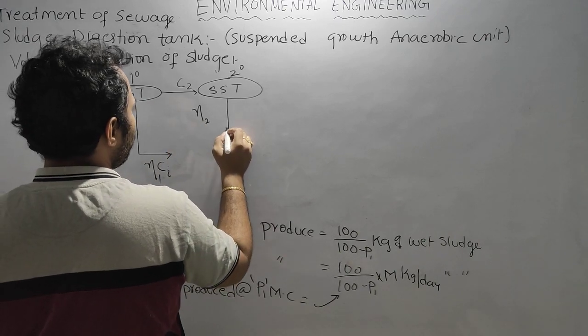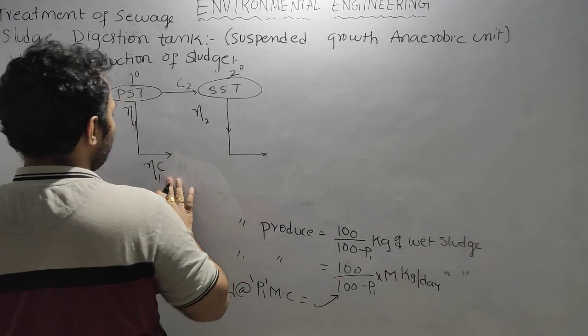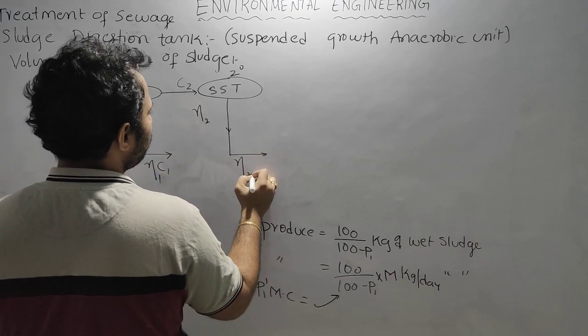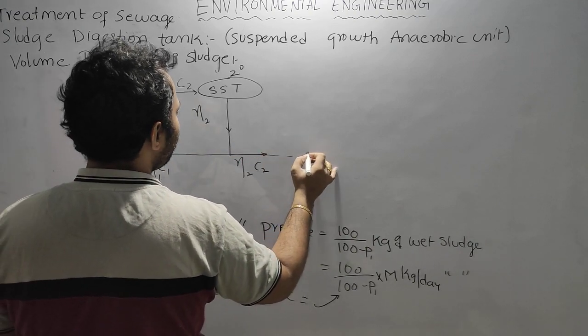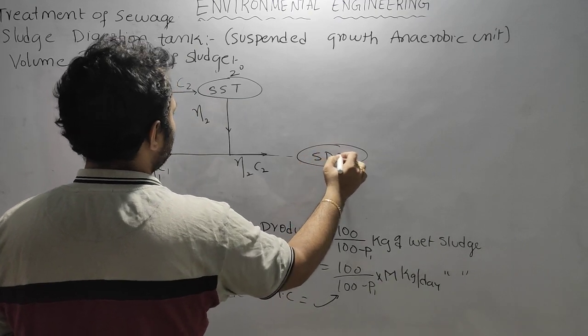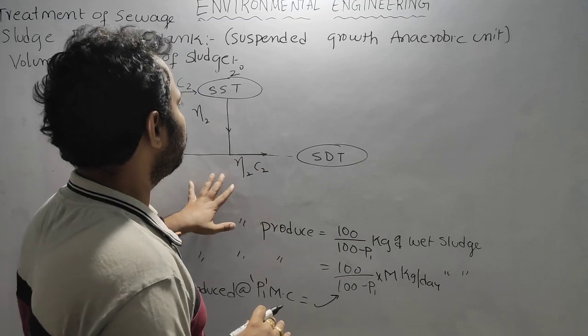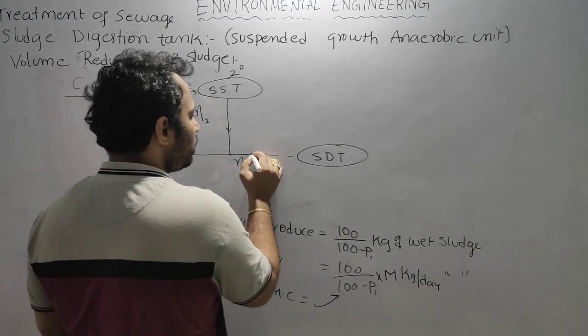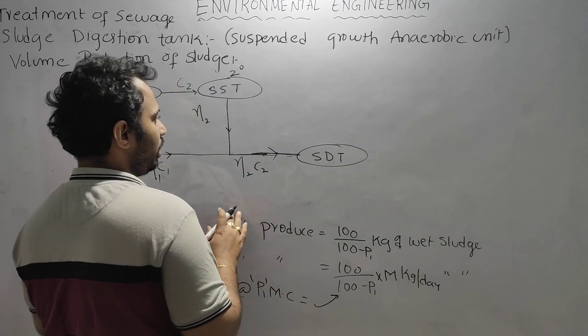So the solids entering from here are eta 2 into C2. These solids will enter into the sludge digestion tank. What are the solids entering into the sludge digestion tank?